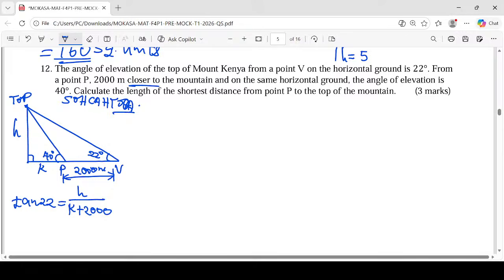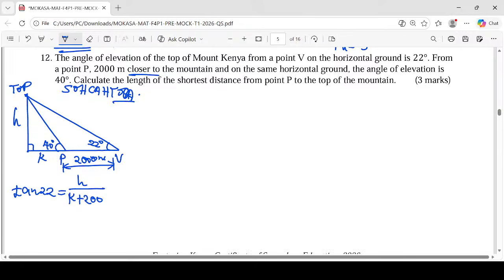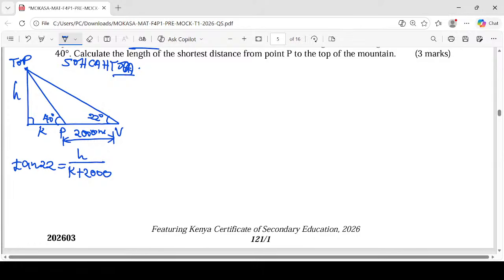If I make H the subject of the formula, when I cross multiply I'm going to have H being equivalent to (k plus 2000) tan 22. Tan 22, that is your height. That will give you the height of that mountain.